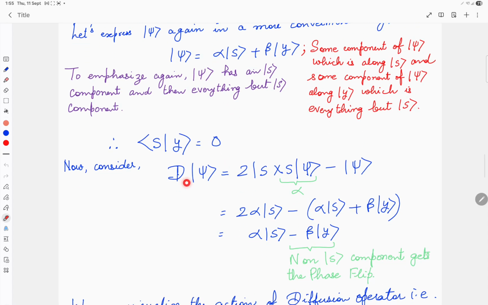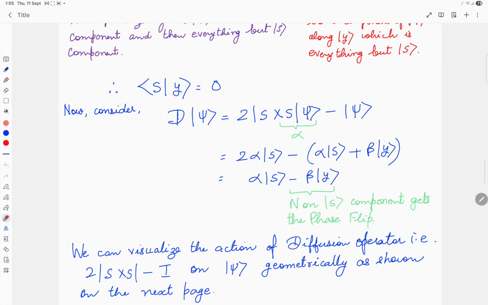Now we apply the diffusion operator to this arbitrary state ket psi. If you do this maths, you will find that the inner product of S and psi is alpha. So the application of the diffusion operator on psi is equal to alpha ket S minus beta ket y. Therefore, the non-S component gets the phase flip after the diffusion operator.